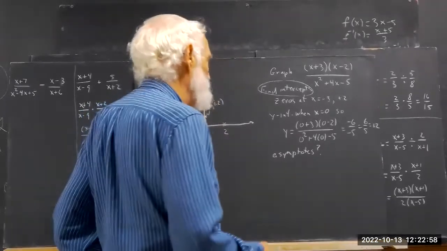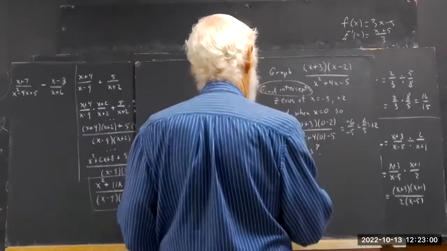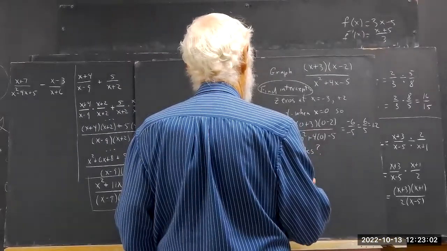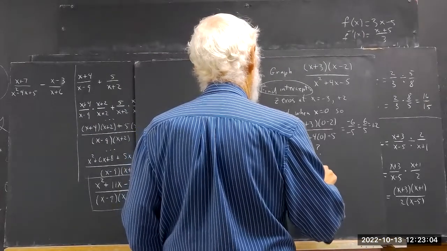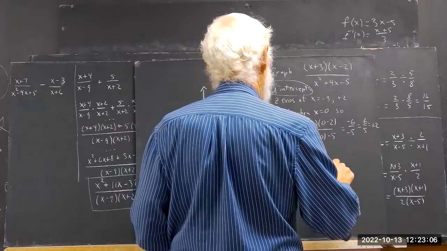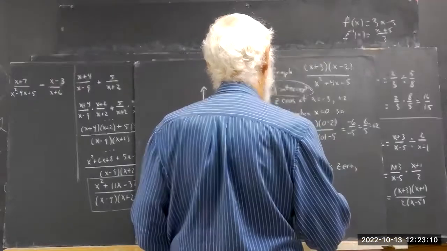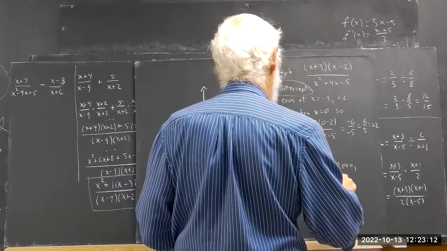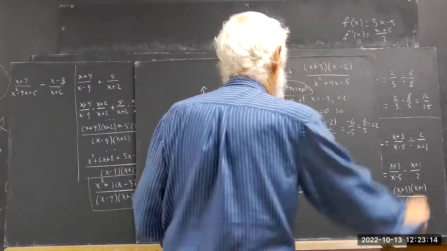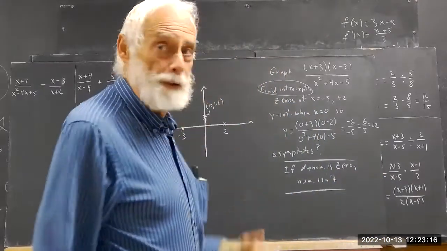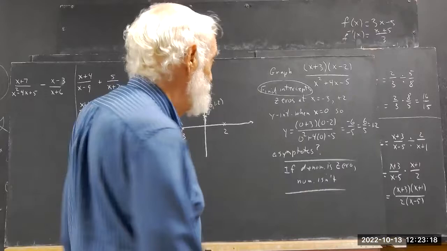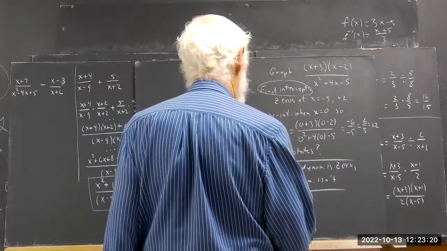That gives you the asymptote. If the denominator is zero and the numerator isn't, okay?